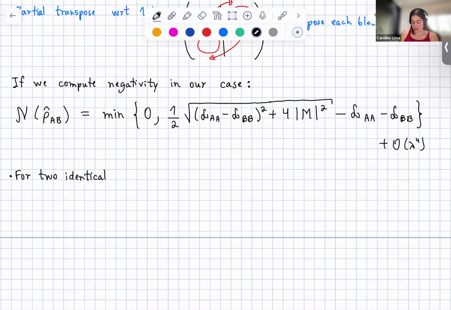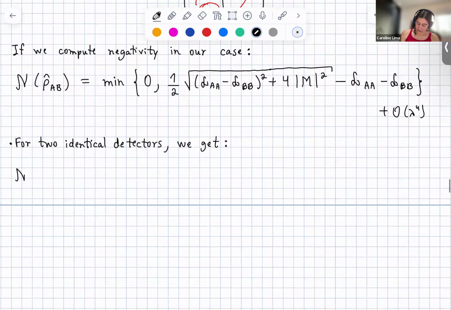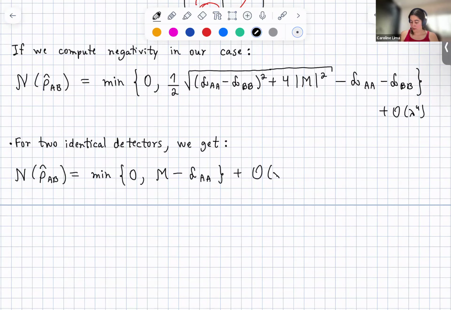So in the case of two identical detectors, this simplifies further, and what we're going to get is that the negativity of this state is going to be the minimum between 0 and m minus LAA, which is the same as LAB, right? Plus higher order corrections.